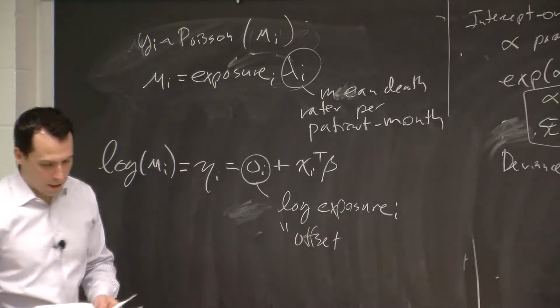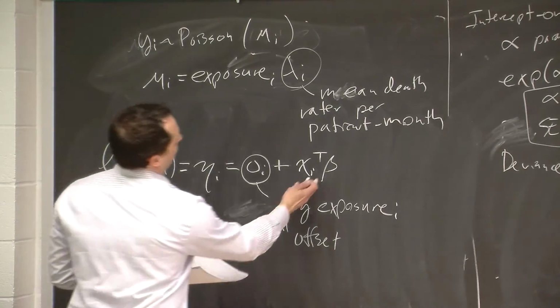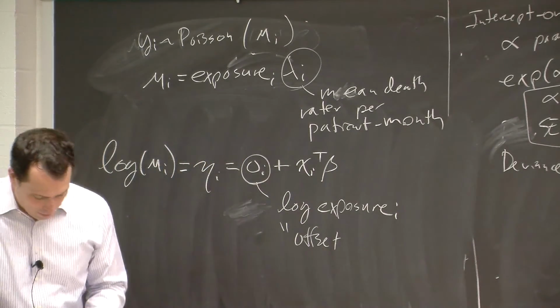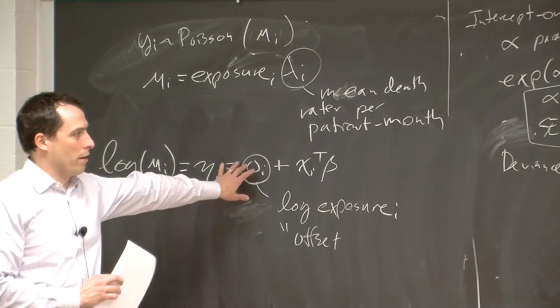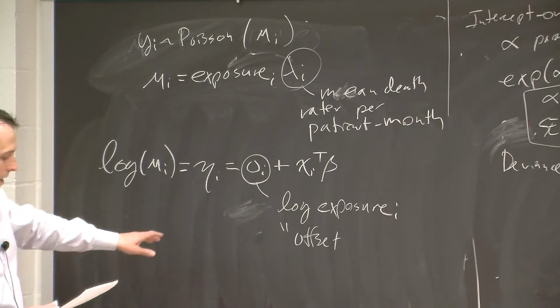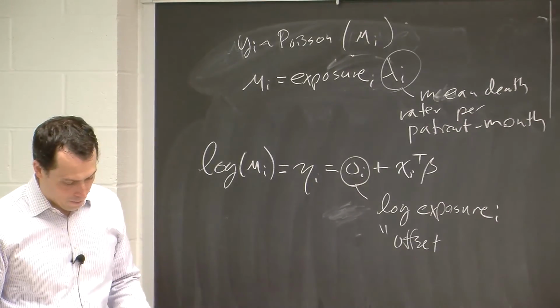It's just added to the linear predictor. It becomes kind of an affine predictor. Well, there's an intercept in here. It's affine again. So this is a covariate whose coefficient is not estimated, but assumed to be 1. That's what we're doing implicitly, and we can then test later on whether we believe that that assumption is correct.